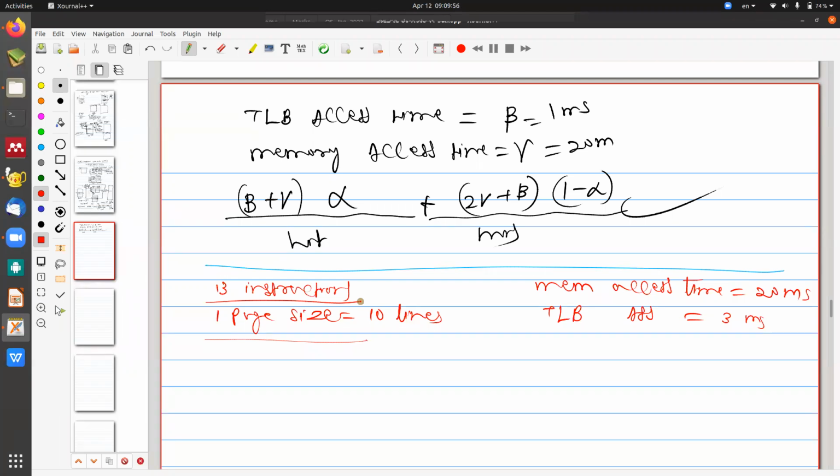There are total 13 instructions. One page size is 10 lines, which means 10 instructions, memory access time is this, and the TLB access time is 3 milliseconds. Then what should be the total access time? How much time is it? 339. I also don't know, I have to calculate.